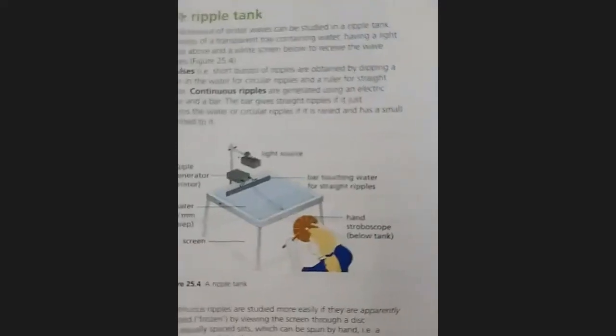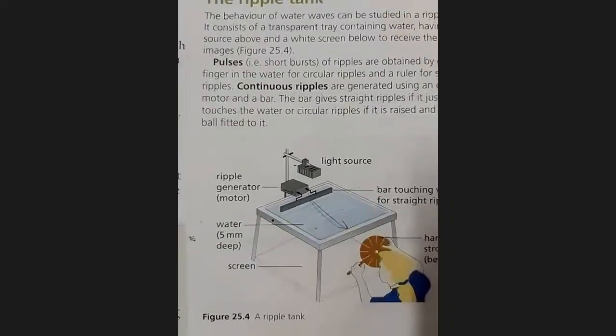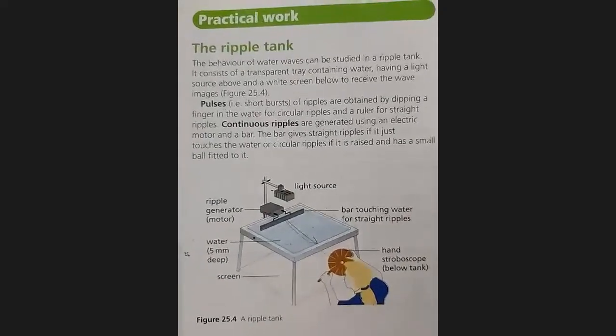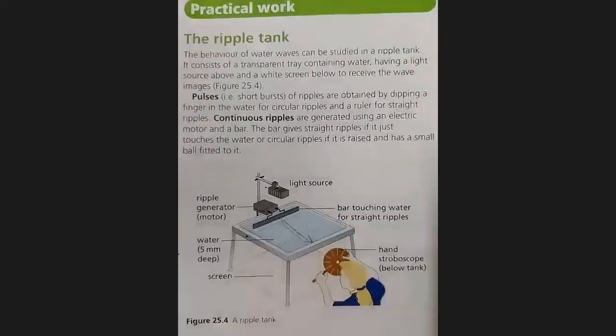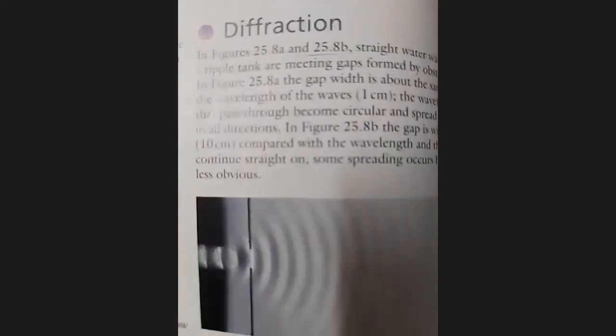I mean, we cannot stop you from doing that. But look, we can also use a slit. Yes, we can use a slit, the width of which would be equal to the wavelength, and then the straight waves can be converted into circular waves, like here.